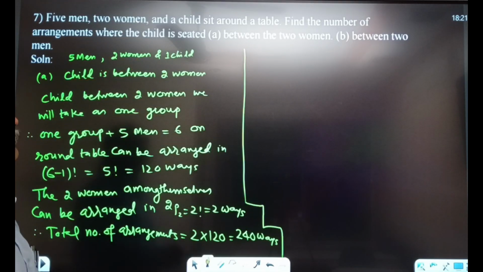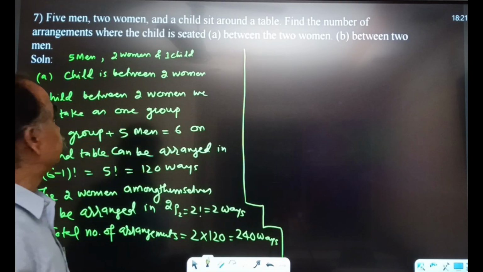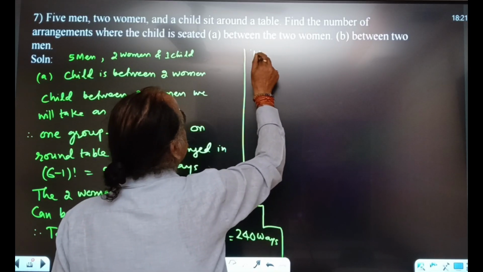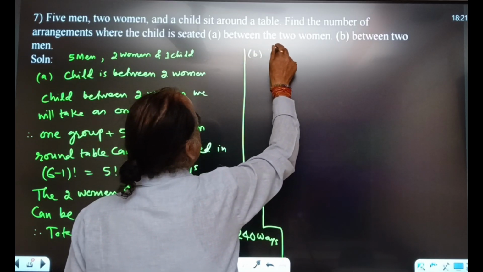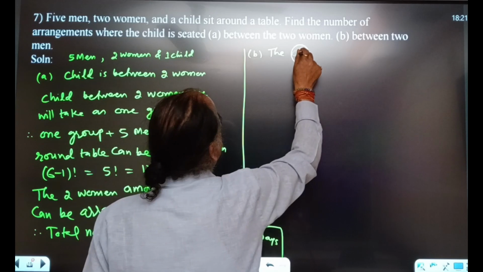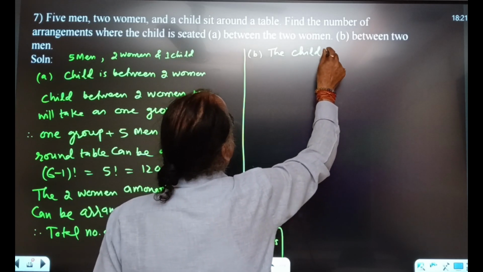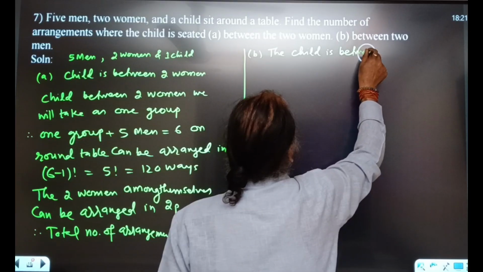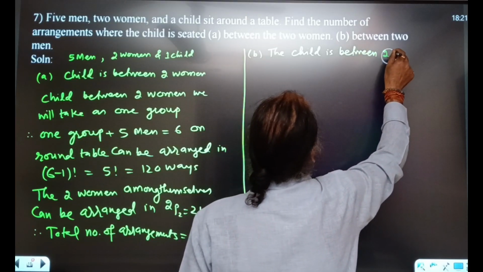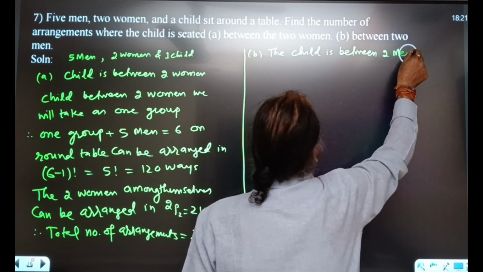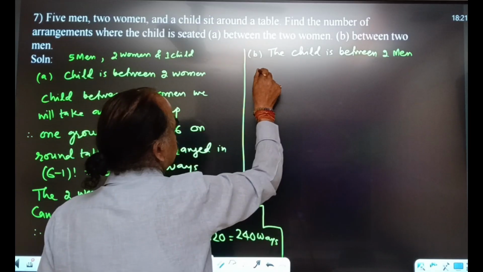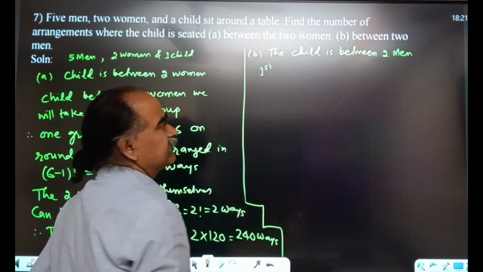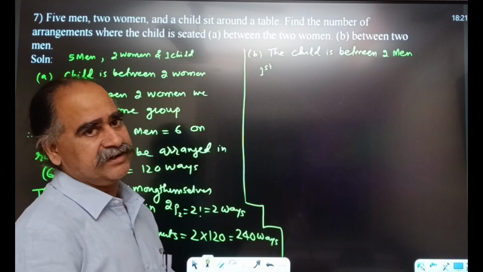The next part is what? Between two men, B part. The child is between two men. Now this is not two specific men.